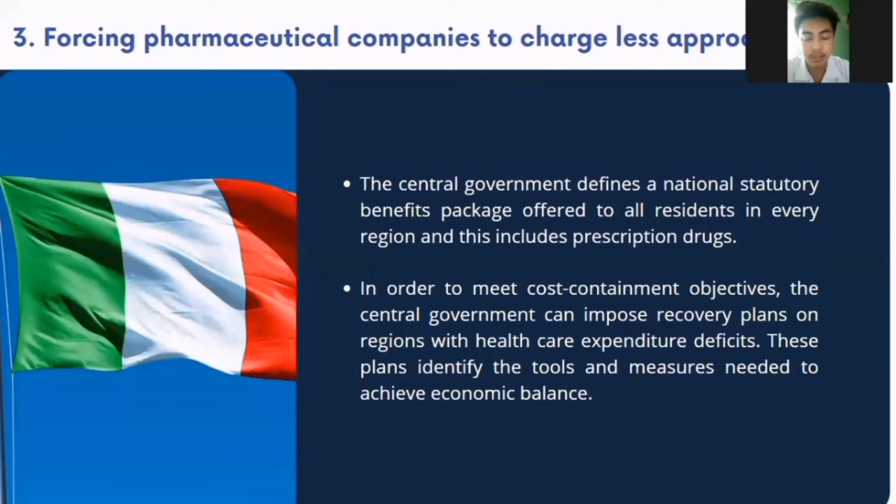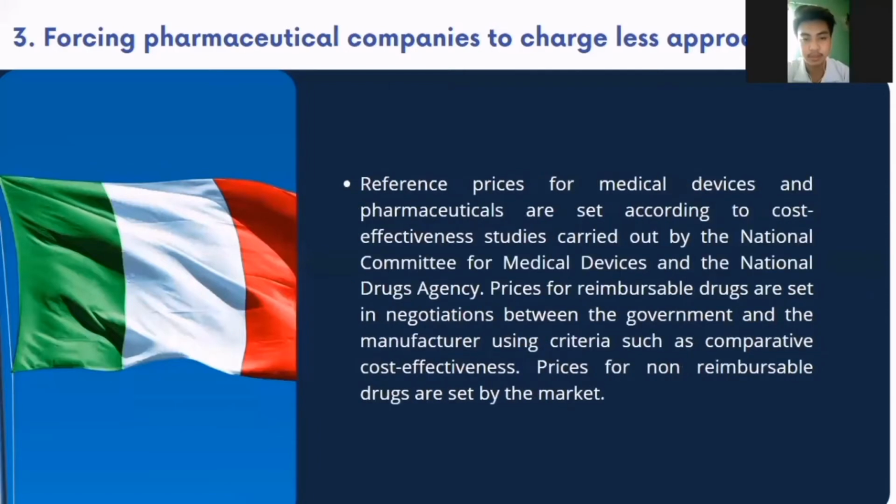In order to meet cost containment objectives, the central government can impose recovery plans on regions with healthcare expenditure deficits. These plans identify the tools and measures needed to achieve economic balance. Next slide.